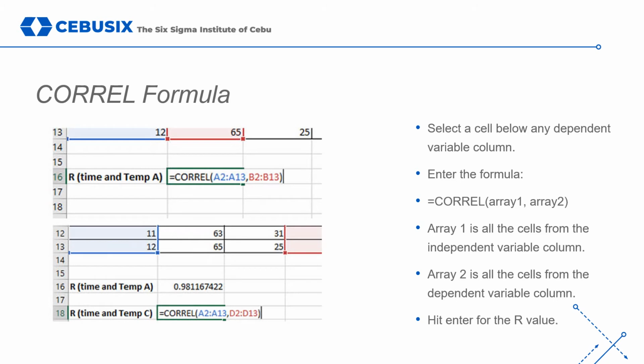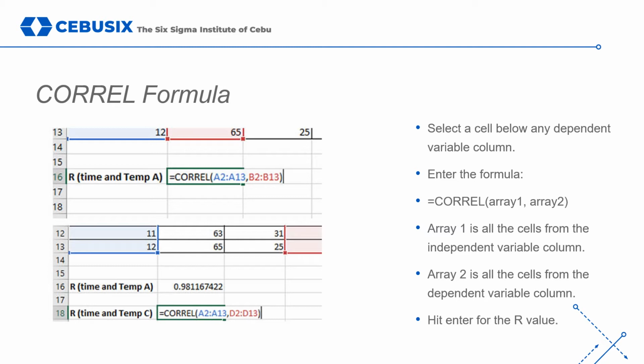As discussed, one of the easiest ways to calculate the correlation coefficient for two sets of possibly related data is to use Excel's CORREL formula. Select any cell underneath the temperature A data and enter equals CORREL, open parenthesis, close parenthesis. Inside of the parentheses, we need to define two arrays of data.